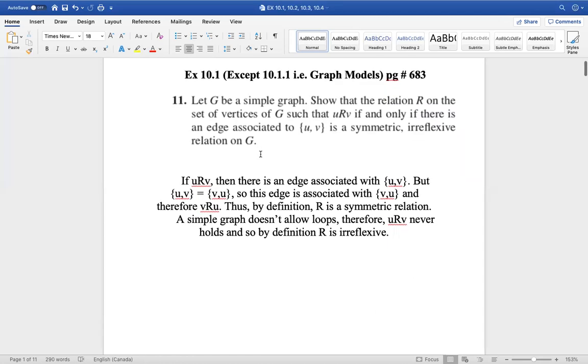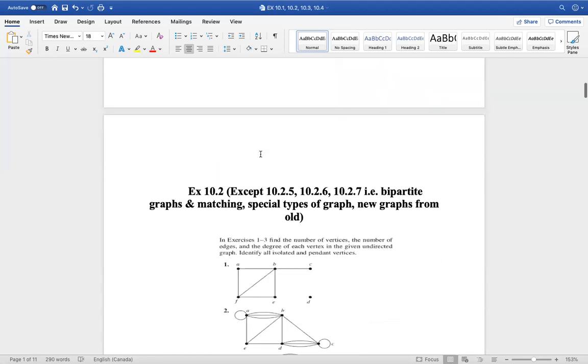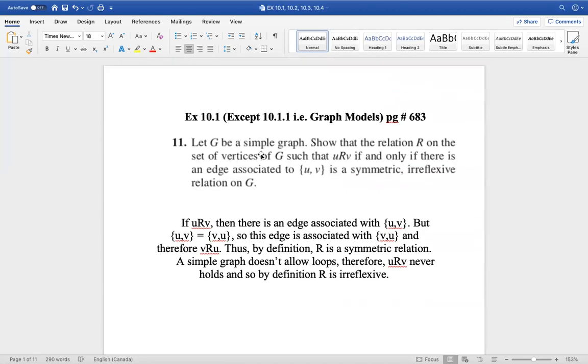Is this part of 10.1? Yes, question number 11 is a part of 10.1. Let me just verify that quickly. I think this is, oh no, it's not that. Let me just verify that.